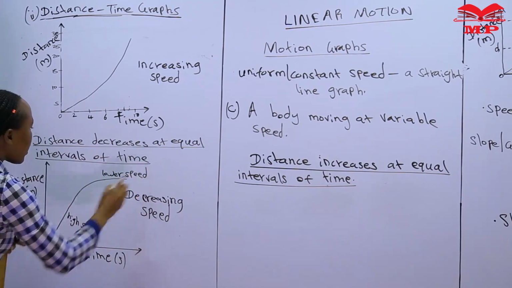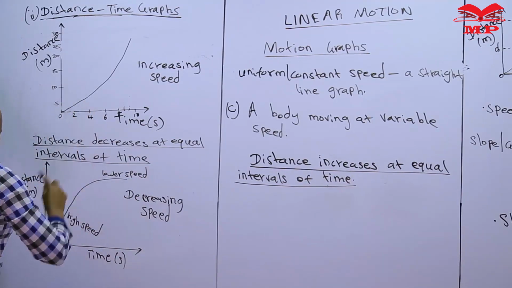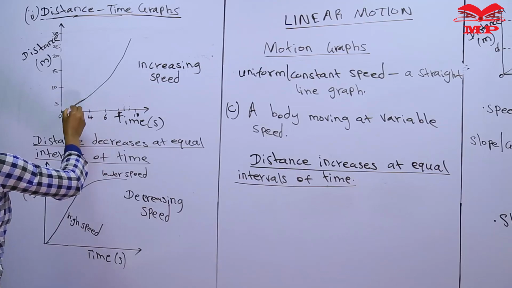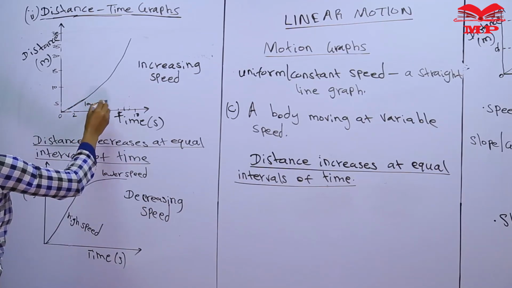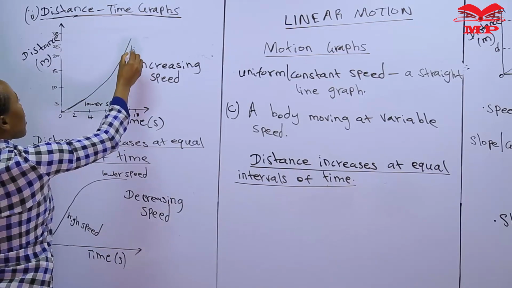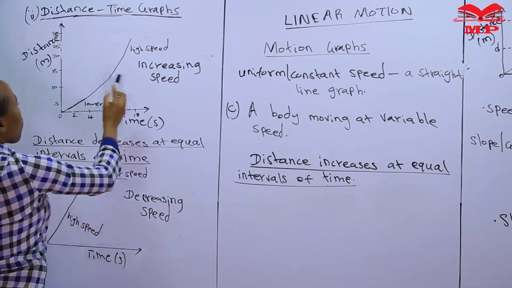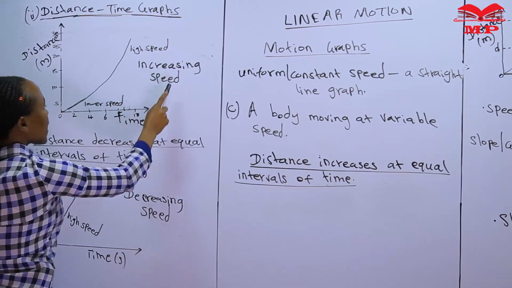So we can say that this body is moving at a decreasing speed. For this one, here we can say there is a lower speed, but at this point the slope is very high, and therefore there is high speed. So we can say that the body is moving at an increasing speed.